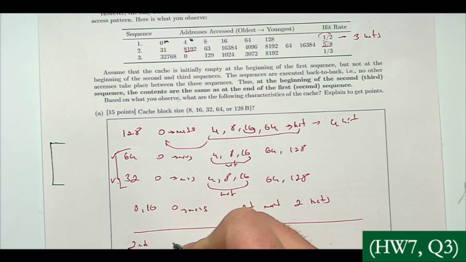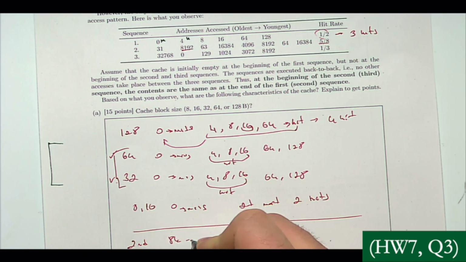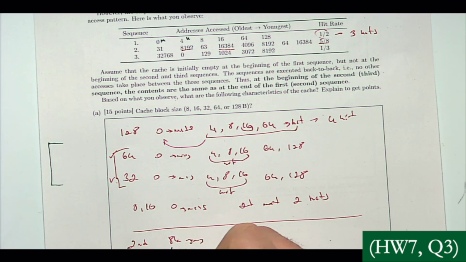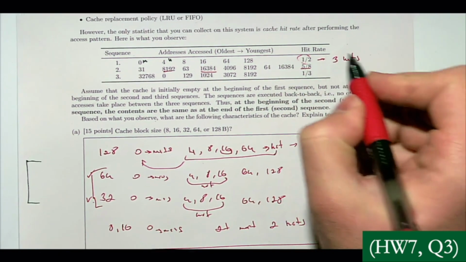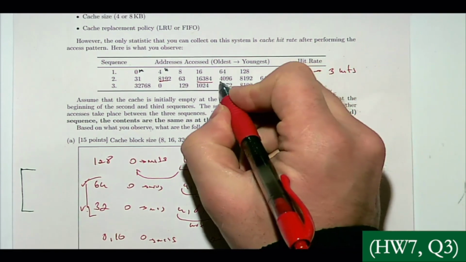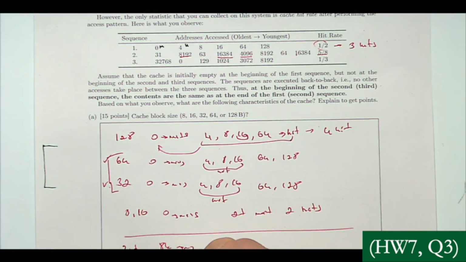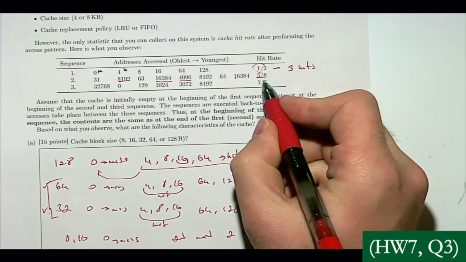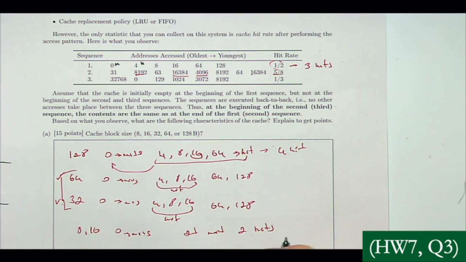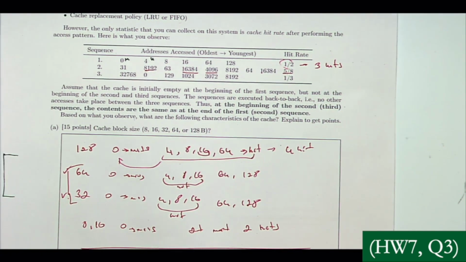For the first 8K, this is a miss. For the first 16K, this is also a miss. And for this one as well, this is also a miss. For sure, these are all misses. But then the rest of these need to be hits for us.